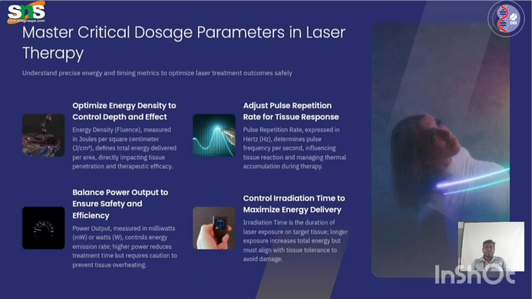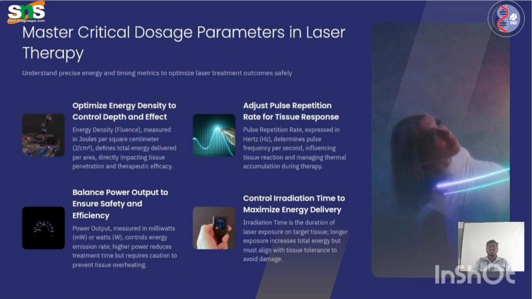The critical dosage parameters in laser therapy are, first, the energy density, measured in joules per square centimeter, which defines the total energy delivered per area. The pulse repetition rate, expressed in hertz, determines the pulse frequency per second, influences the tissue reaction, and manages thermal accumulation during the therapy.